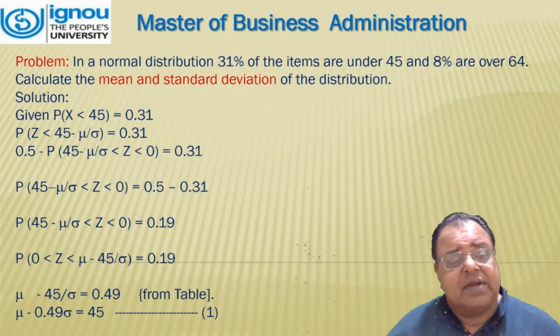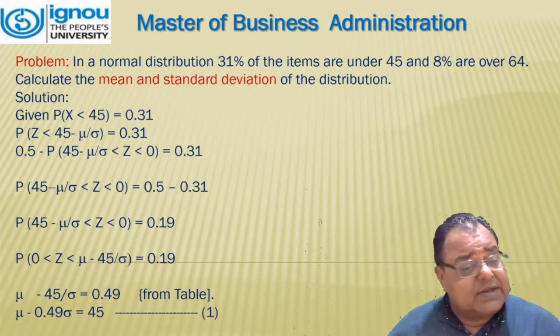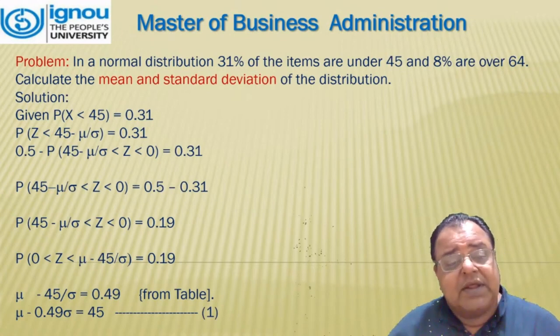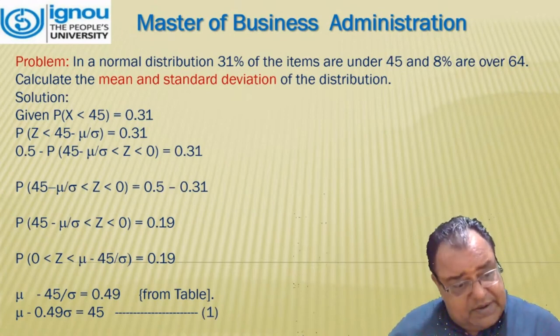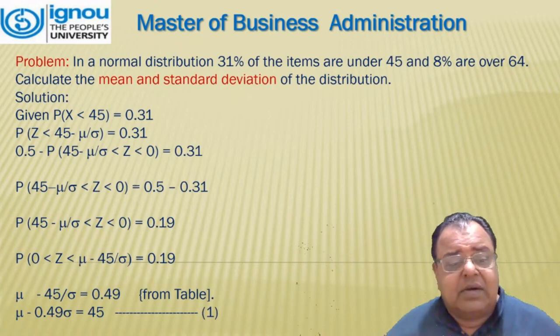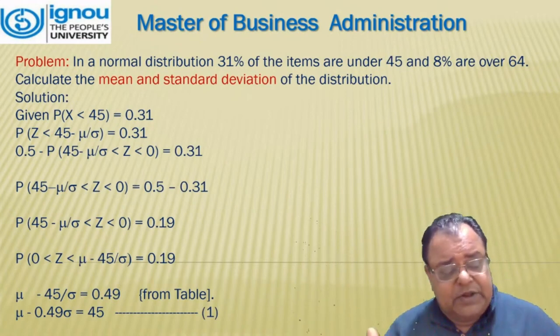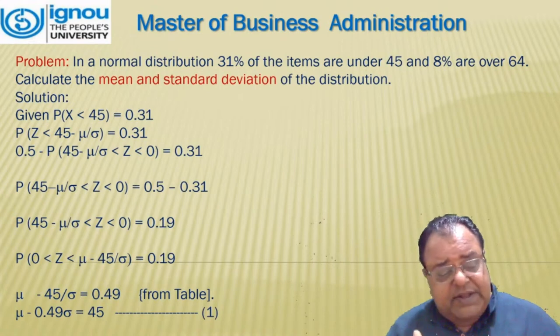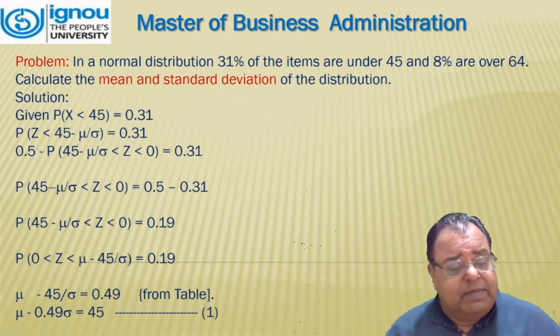After converting this, we will get probability (45 minus mu) upon sigma less than Z less than or equal to 0 as 0.19. Converting this into the form of 0 less than Z less than (mu minus 45) by sigma, the probability will be 0.19.